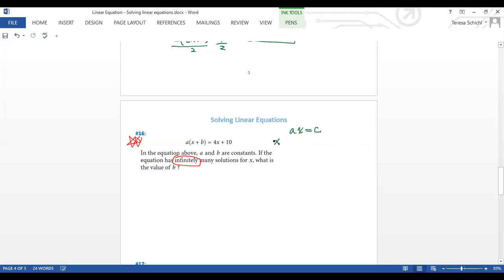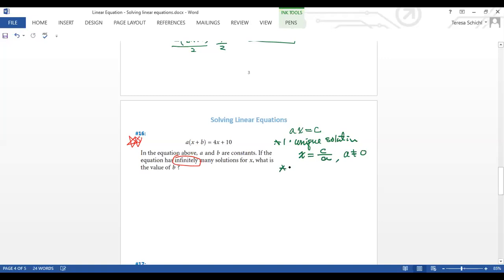Situation number 1: you have a unique solution. When there is a unique solution, that means x, you divide both sides by a, equals c over a, right? So of course, a cannot be equal to 0.